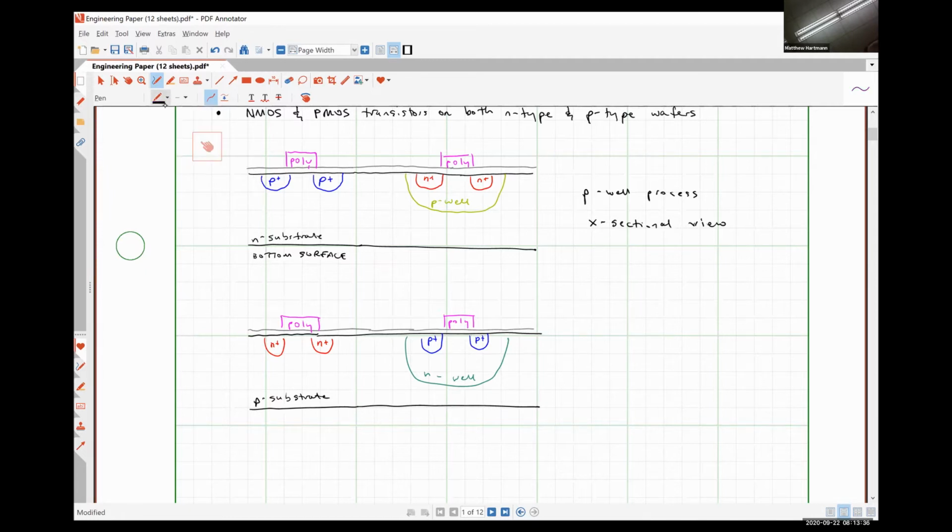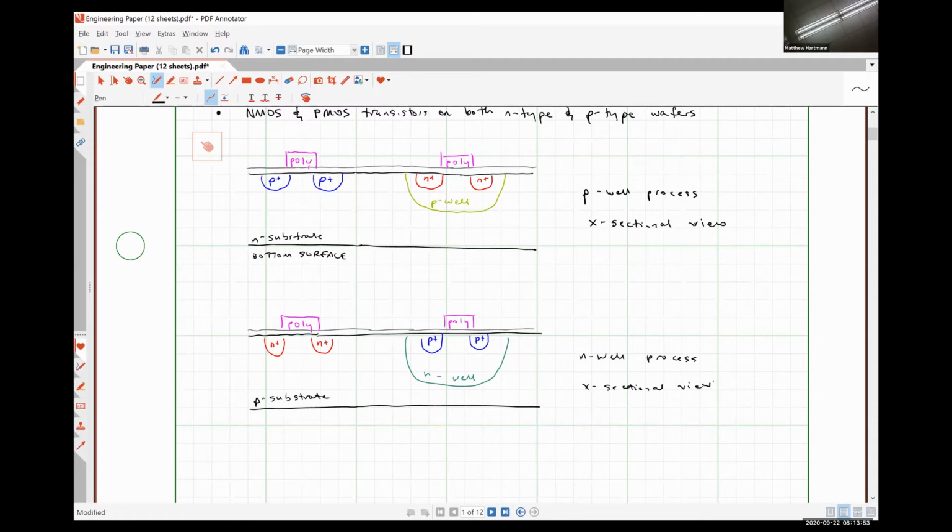This would be an example of an N-well process, cross-sectional view.